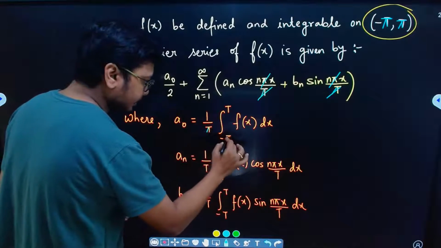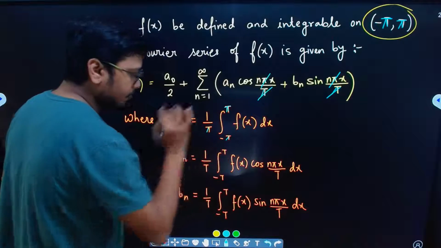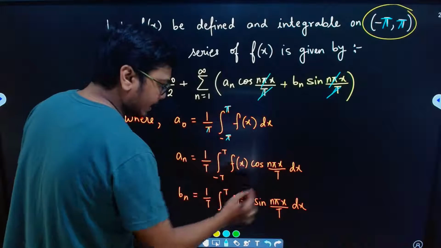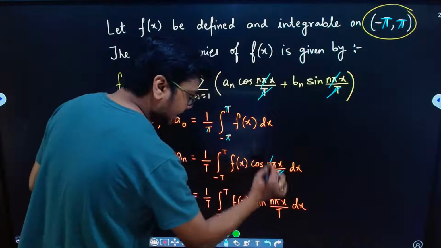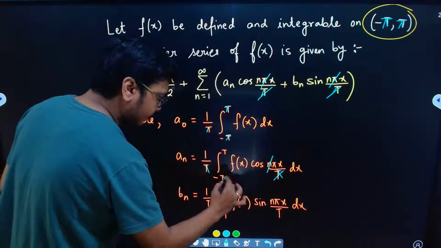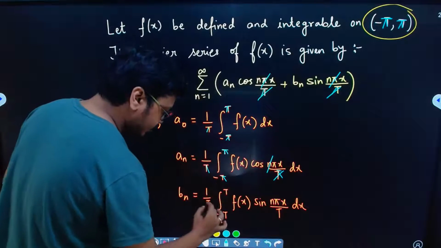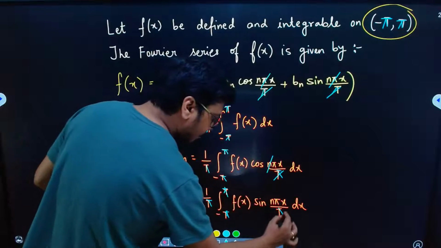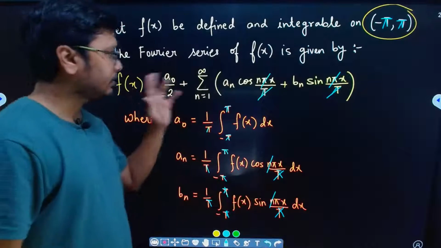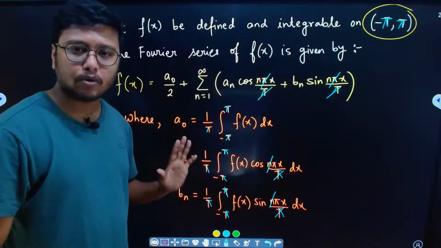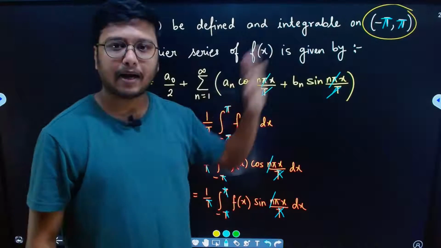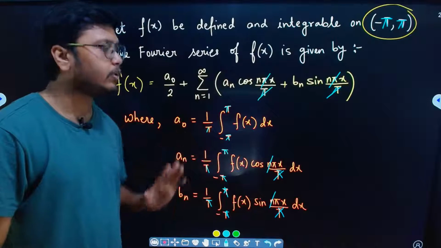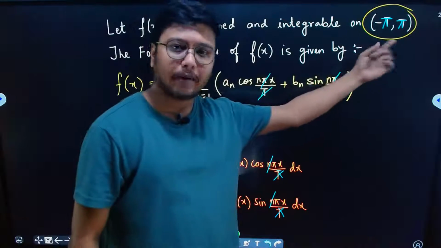Similarly over here, the range of the integration is going to become from minus pi to pi, and again pi and pi will get cancelled. So this will be the corresponding formula if the range is minus pi to pi. The problem which I'll do right now will have a minus pi to pi range.